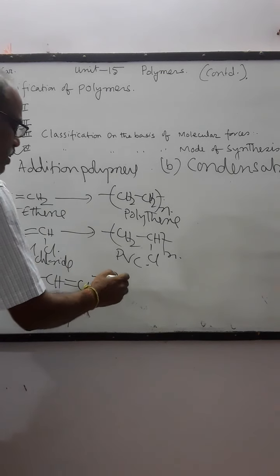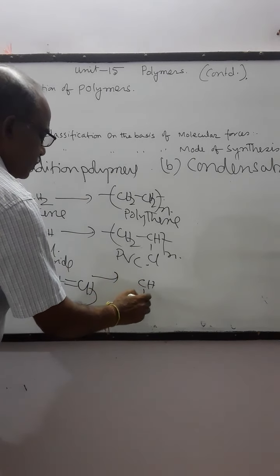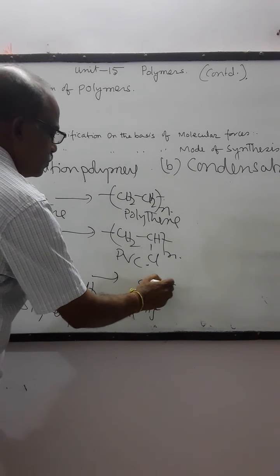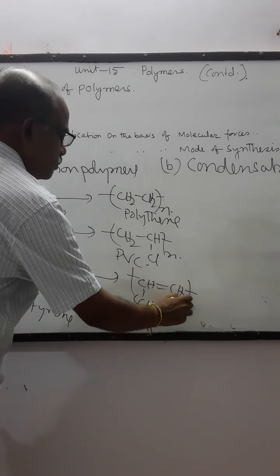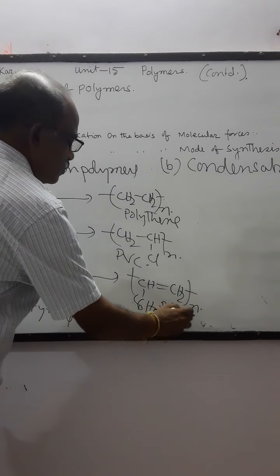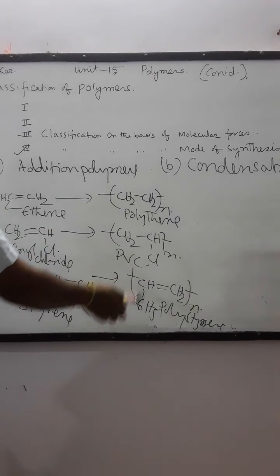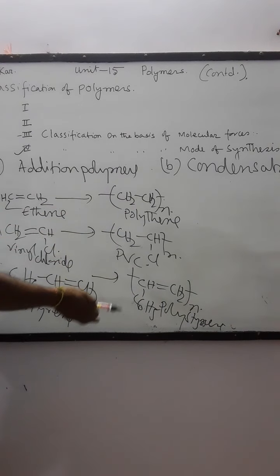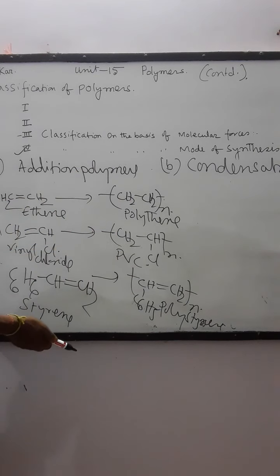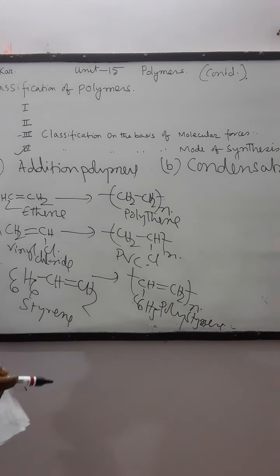If polymerization takes place, then it is converted to polystyrene. So essential condition for addition polymer is monomer must contain unsaturation, that is maybe double bond or maybe triple bond. And all these are examples of addition polymer because these are formed as a result of addition reaction. What is condition for addition polymer? Monomer must contain unsaturation, that is double bond or triple bond.